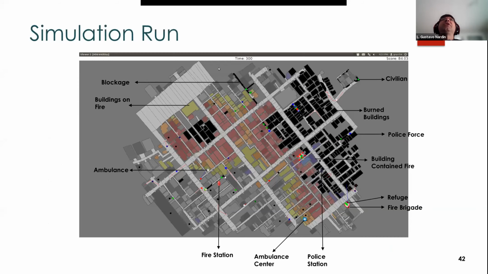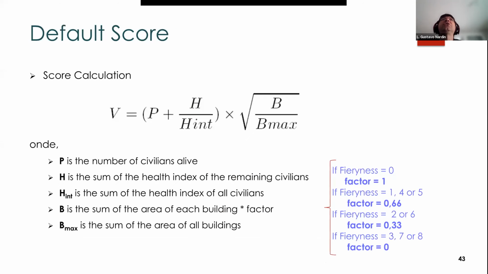When you run the simulation, if you observe on the top, you have a time and you have a score. The time here is the number of cycles that the simulation will run until the end. And here is the score that you have on that simulation. It starts with the highest score and decreases according to this formula.